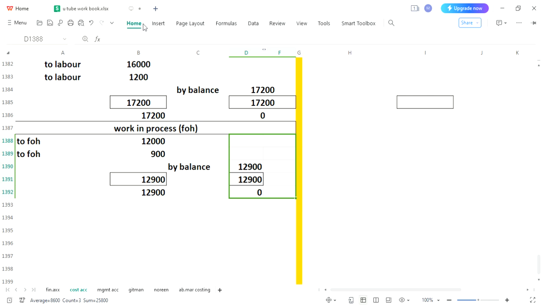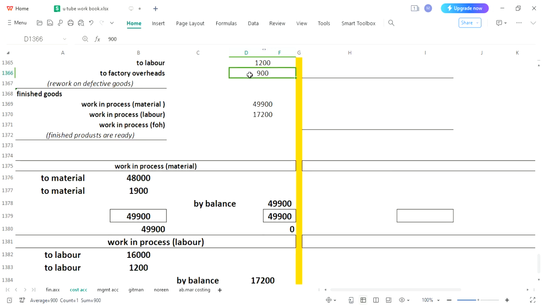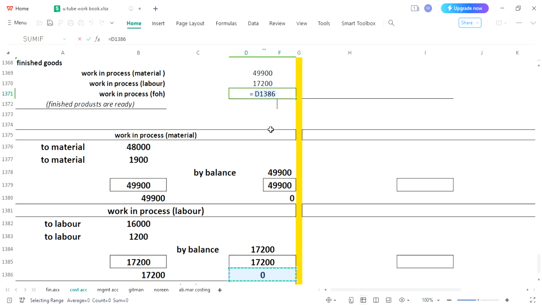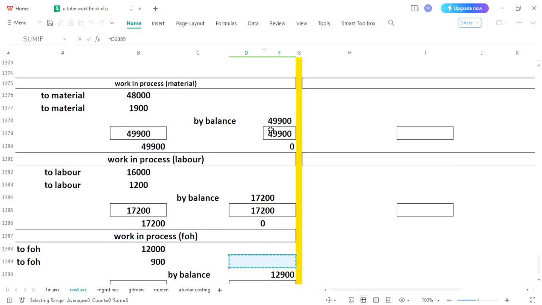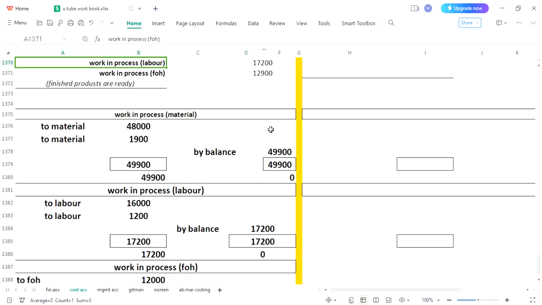It is now needed to put this amount in the journal entry. The balanced amount is 12,900. Okay, and go back to the journal entry. This was your vacant space where you have to put the amount. For work in process FOH we have made the ledger, and you can see the balance was calculated as 12,900. So put it in front of here.